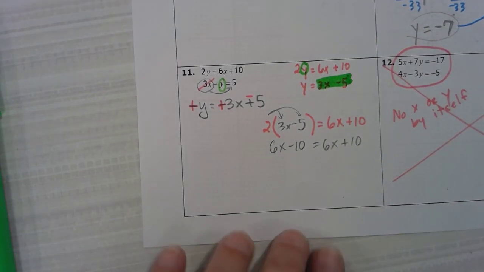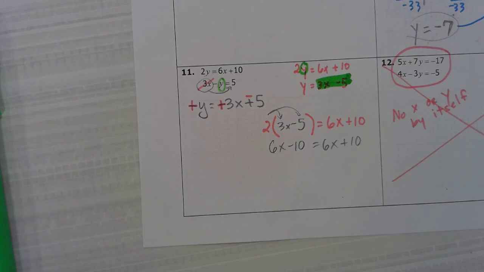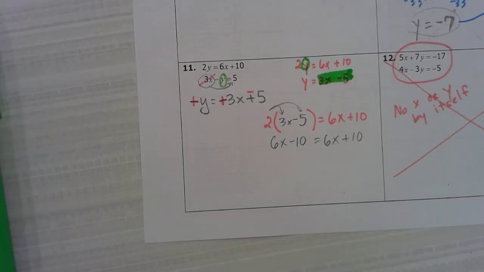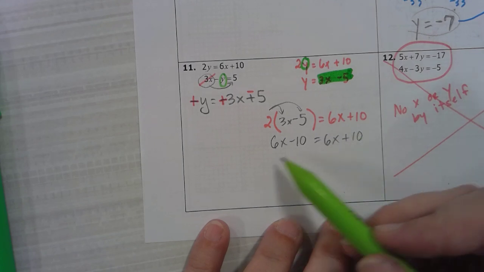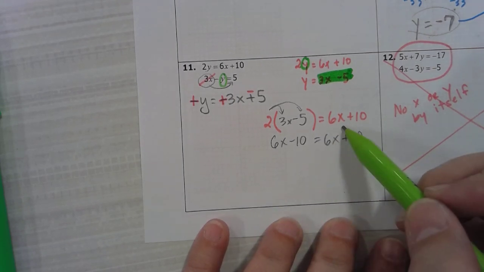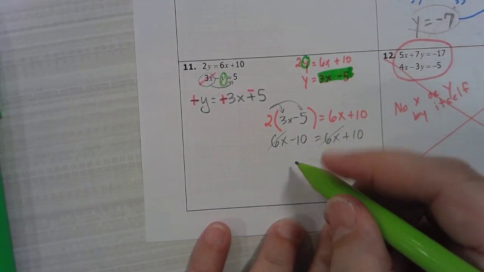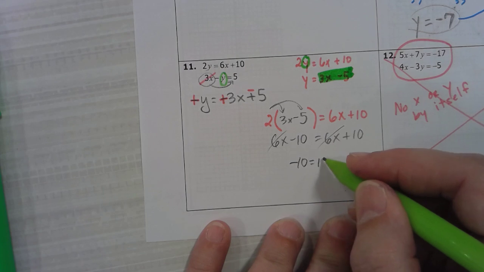Tell me something clever. What's going to happen to our x's? They're the same, right? 6x, 6x. If I take away from one side, it's going to go away on the other side. I'm going to be left with negative 10 equals positive 10.